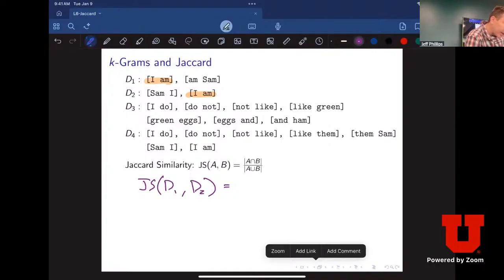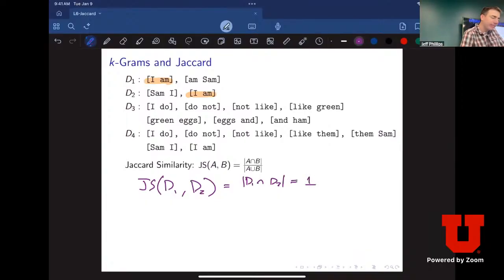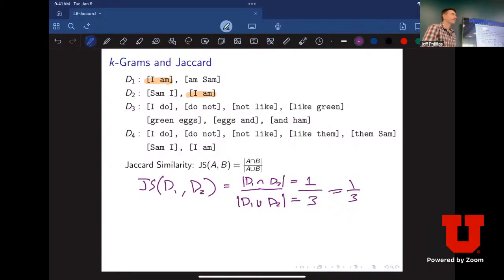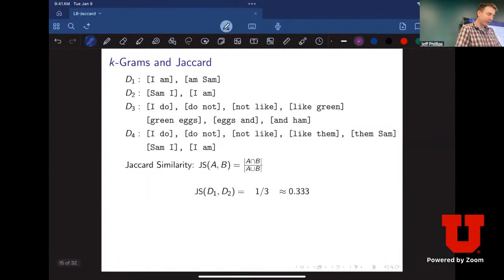So the cardinality of D1 intersect D2 is one item, divided by the size of the union of D1 and D2, which is 3 things. So the similarity is 1/3.